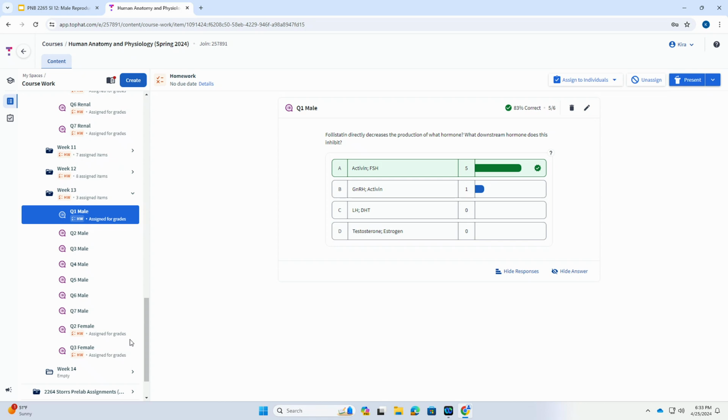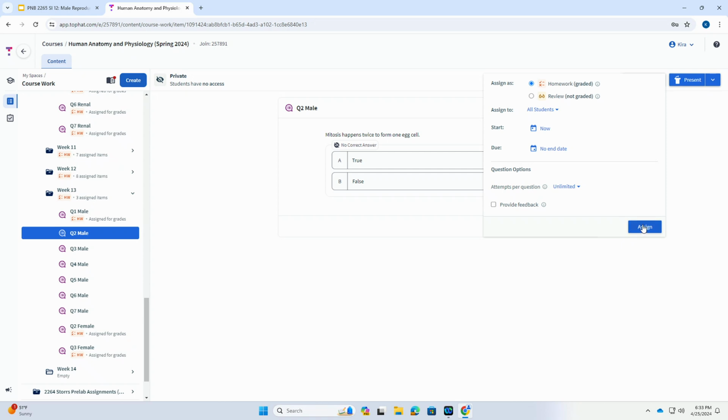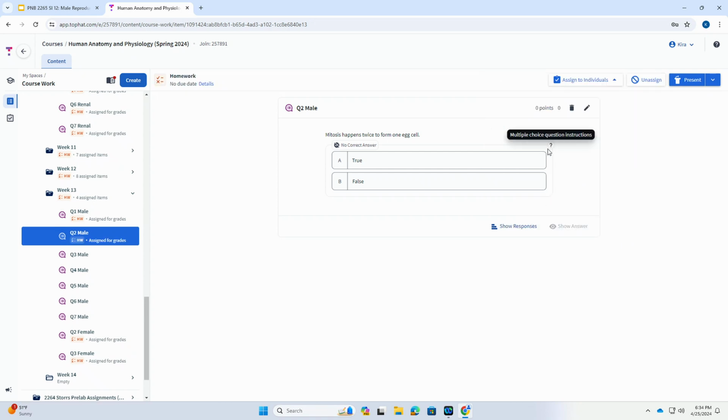So A should be the correct answer. Mitosis happens twice to form one egg cell. True or false?